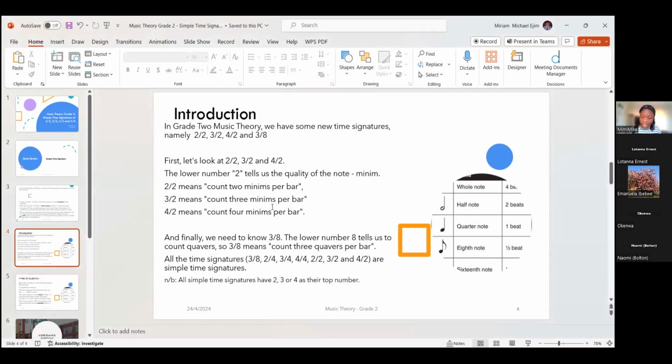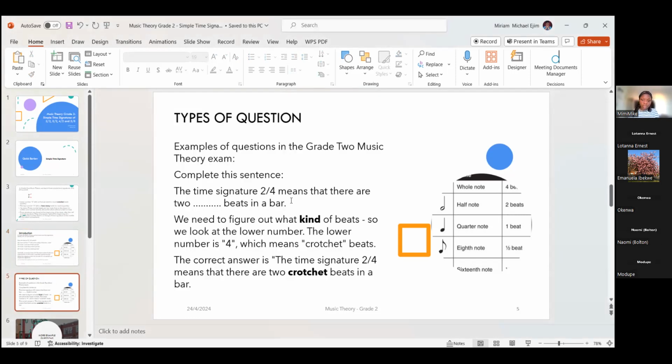Okay, so I'll go to the next slide. This one is quite straightforward. Some of the examples you will see in grade 2 exams are like, complete this sentence: the time signature 2/4 means that there are 2 dash beats in a bar.